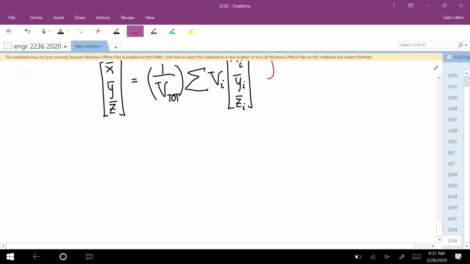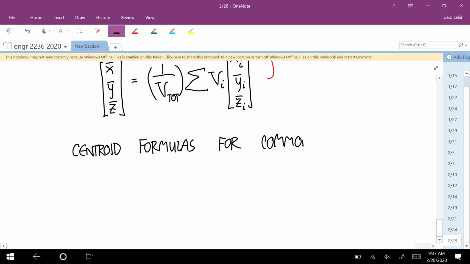Okay, so here are centroid formulas for some common 2D shapes.